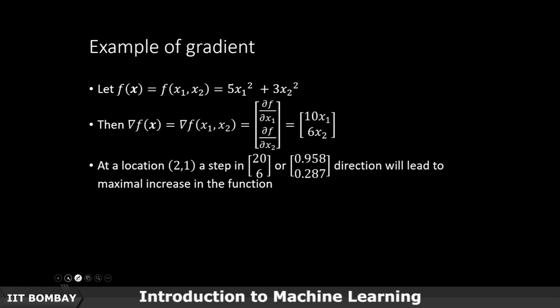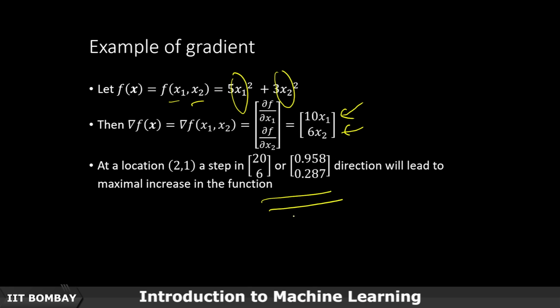Okay, so here's an example of a gradient. Here we have a function of two different variables, x1 and x2. In neural networks it's going to be w1 and w2, not x1 and x2, because x1 and x2 are the training inputs, those are going to be fixed, but here just for the function we have x1 and x2. We can take the derivative and we will get a vector like this, and we can compute it for a particular point.